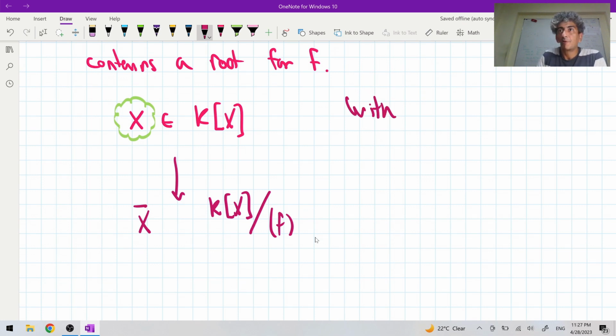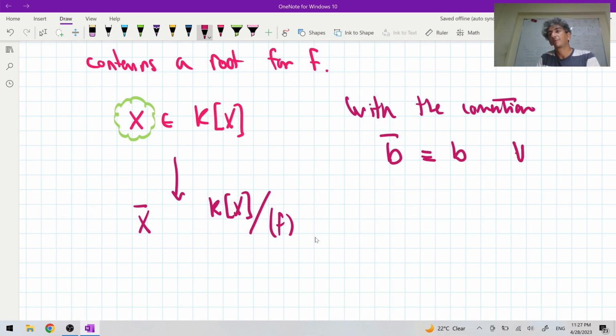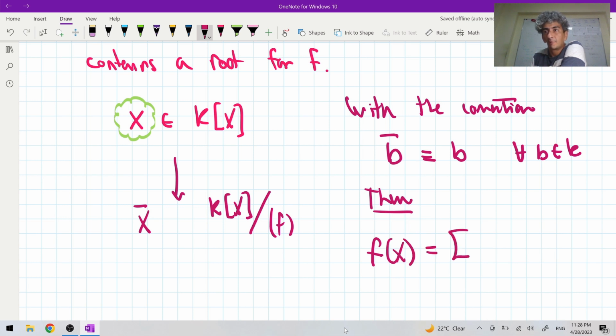With the convention that the class of the constant should be called the same as the constant for every b in K, what happens when you take a look at the polynomial f(x), written as this?